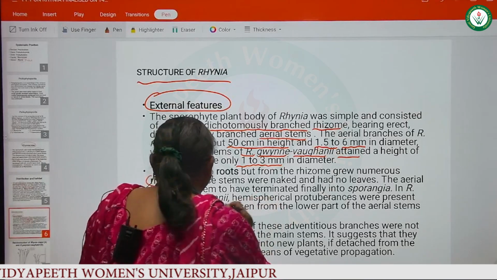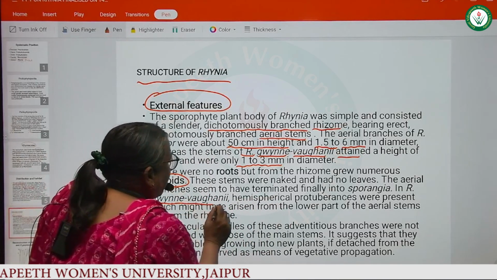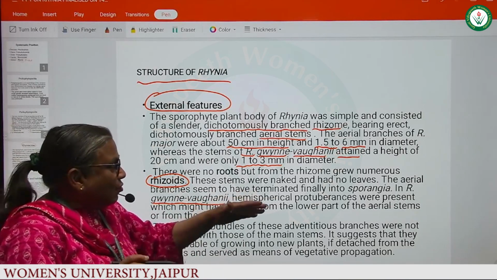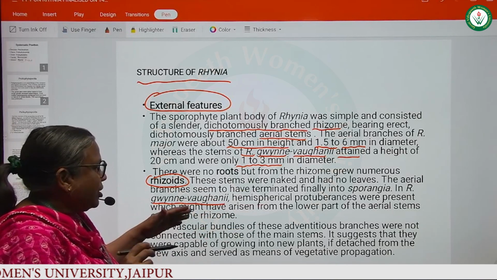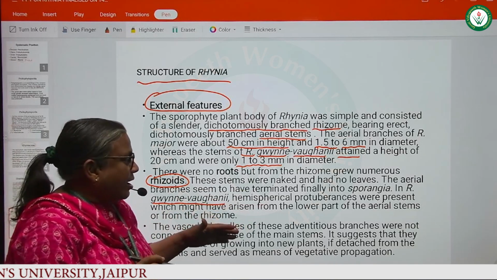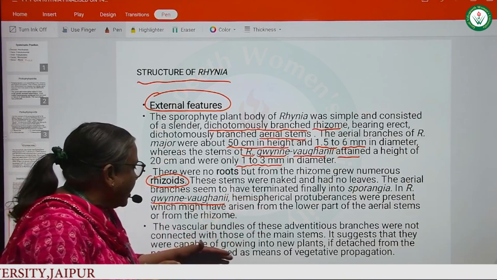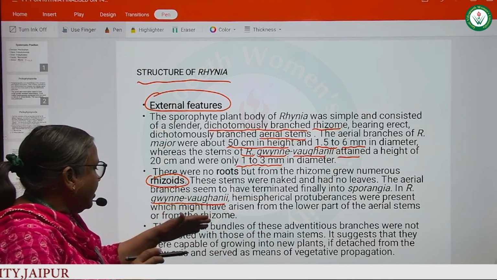In Rhynia gwynne-vaughanii, hemispherical protuberances were present which might have arisen from the lower part of the aerial stems or from the rhizome.